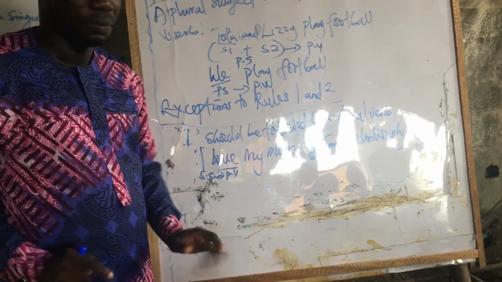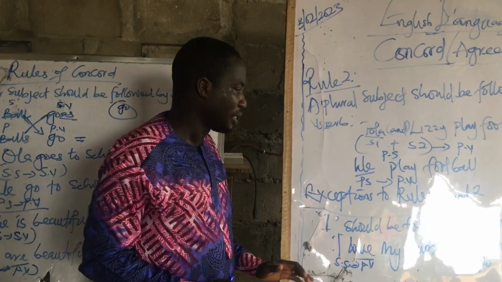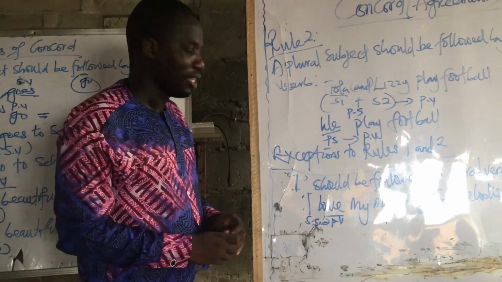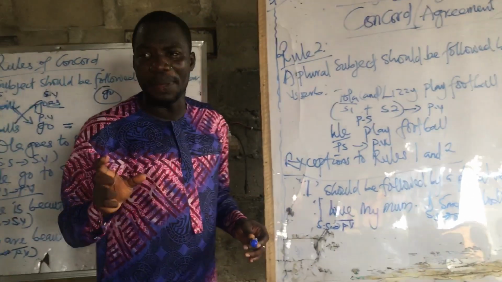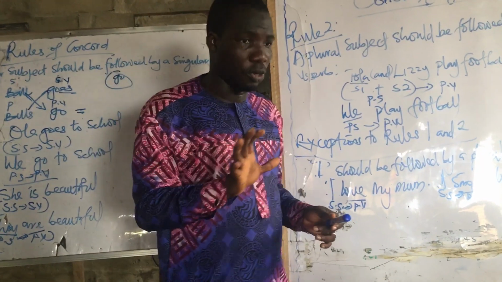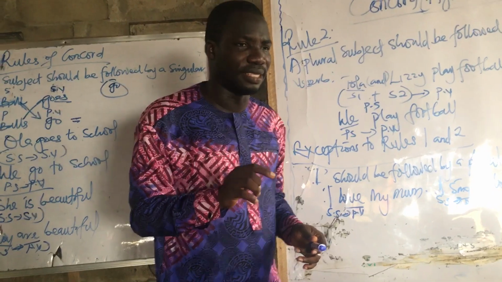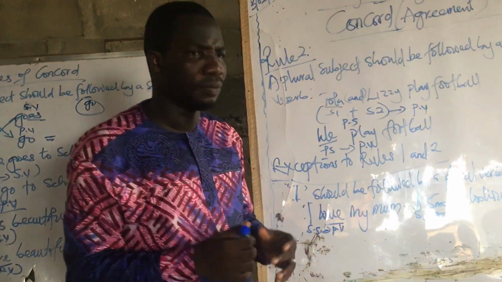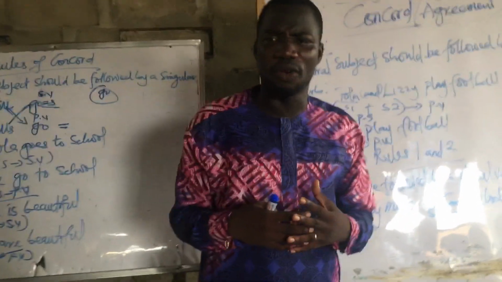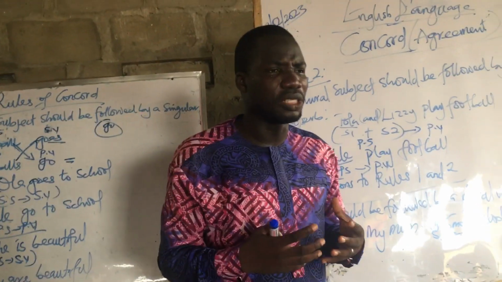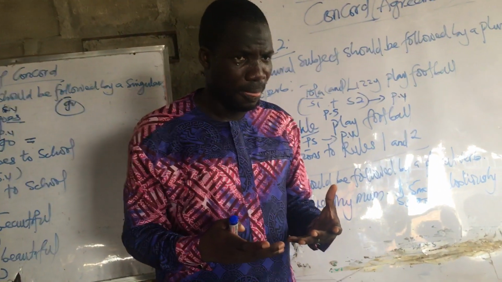Then, the next one is the second person personal pronoun in the subjective case, even when it is singular. In one of our classes before now, we discussed pronoun, right?